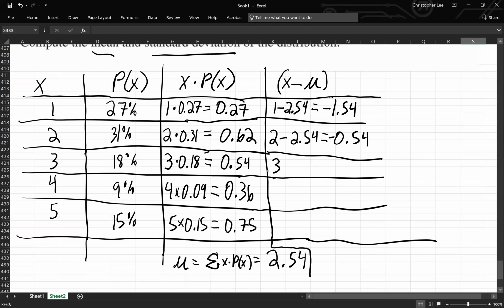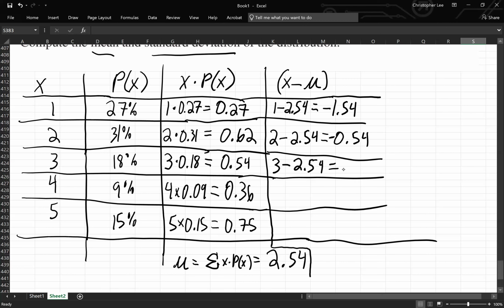Yeah, we just subtract. So the next one is 3 minus 2.54. What's the answer to that? What's $3 minus $2.54? 0.46.